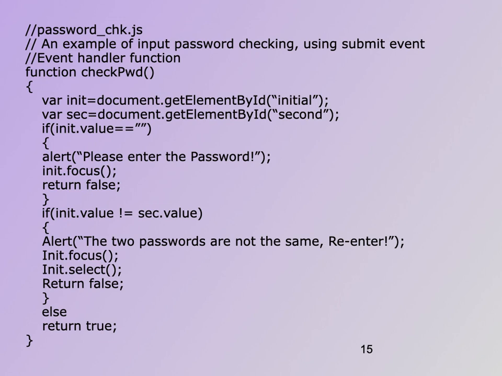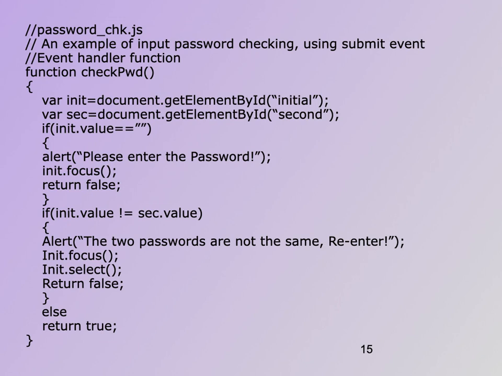Then a condition check is there. If init.value is equal to an empty string, then alert "please enter the password". Then it gets the focus. init.focus means that particular init text field now has the cursor, and it also returns false. The second condition is if init.value is not equal to sec.value, both the values are compared and if they are not equal, then alert "the two passwords are not the same, re-enter".